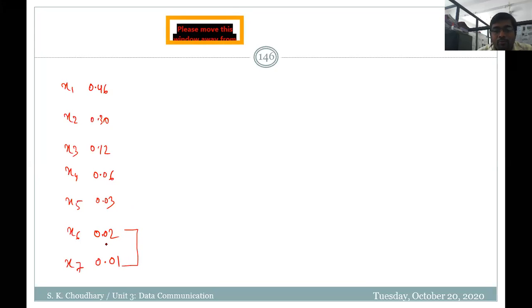We start from the lowest values of probability, add these two and assign the values 0 and 1, and the summation coming is 0.03. Now 0.03 is the same as the probability of x5. So we bring this 0.03 just above this point, and write this 0.03 as it is in its place.